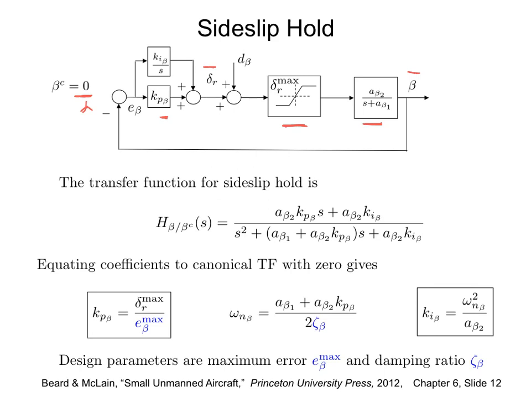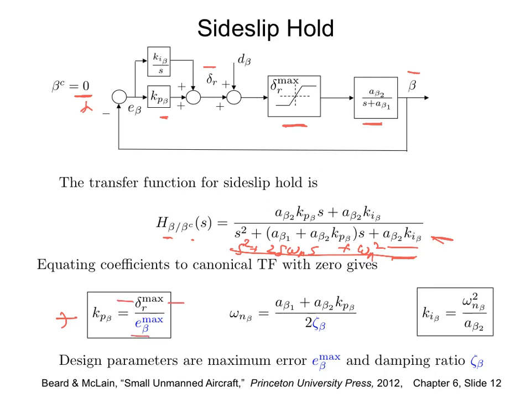Okay, so similar approach, the closed loop transfer function from beta to beta commanded will be this. Again, all we have to do is compare the coefficients. So I can write those coefficients as s square plus 2 zeta omega n s plus omega n square. We just compare coefficients of this equation and this equation. In this case, your Kp is chosen such that the saturation doesn't occur, so delta R max over error max.